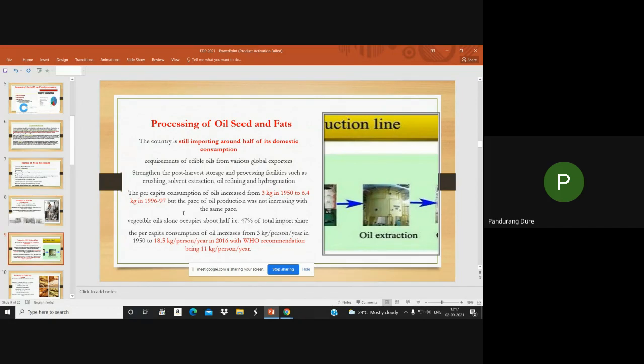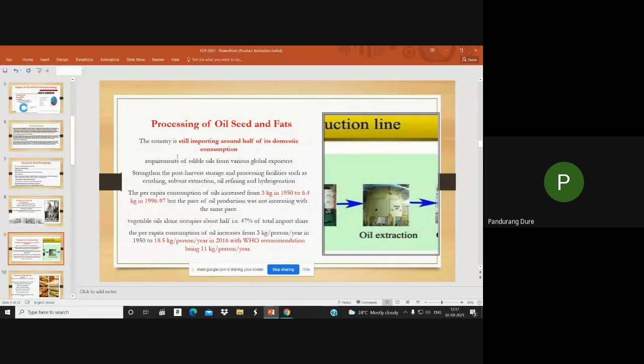At the same time, we should note the WHO recommendation for the intake of oilseed: 11 kg per person per year is required. The demand has increased because our consumption increases, our population increases day by day, and the area under cultivation decreases.